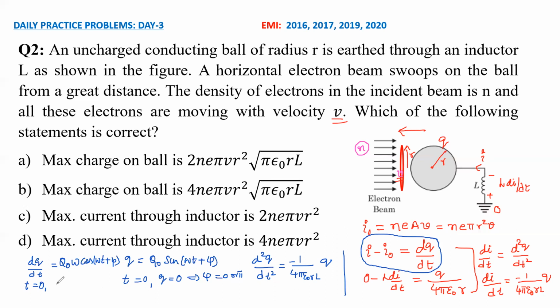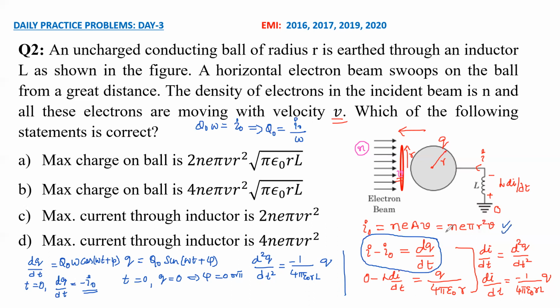So dq by dt equal to minus I naught, and therefore we realize that we can take phi to be pi, not 0, and q naught omega into minus 1 is equal to minus I naught, or q naught into omega is equal to I naught. So we get q naught is equal to I naught by omega.